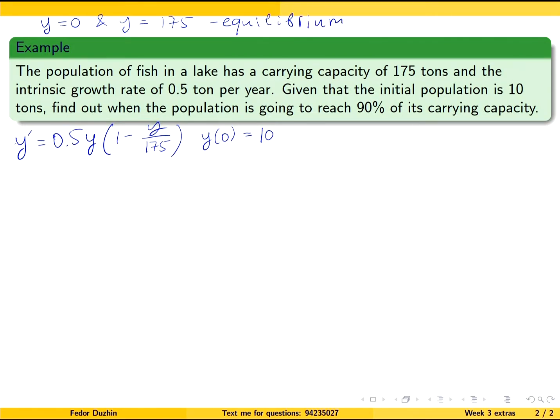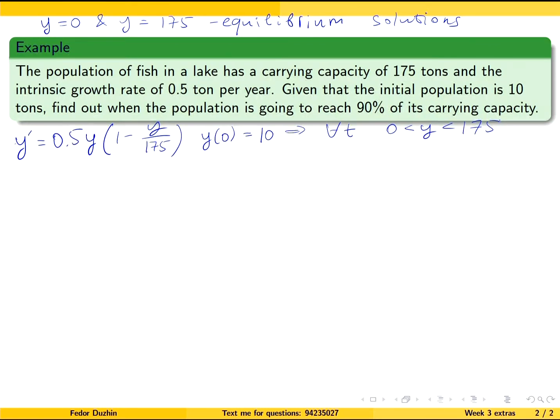What is important about equilibrium solutions is that if you plot the direction field of the logistic differential equation, then you will see that solutions with initial condition between the equilibrium solutions, of course, cannot cross equilibrium solutions, cannot get out. So what we definitely know is that for all values of t, our y is going to be between 0 and 175.